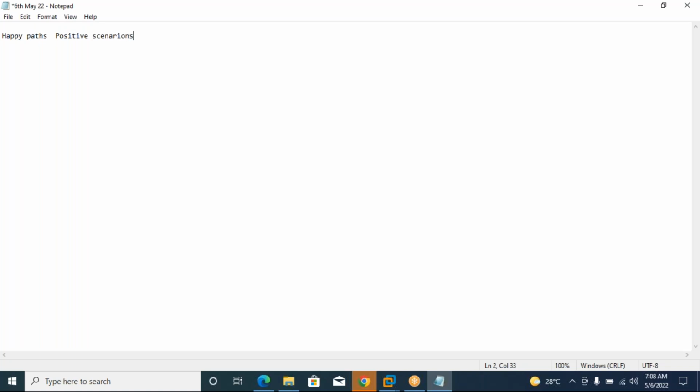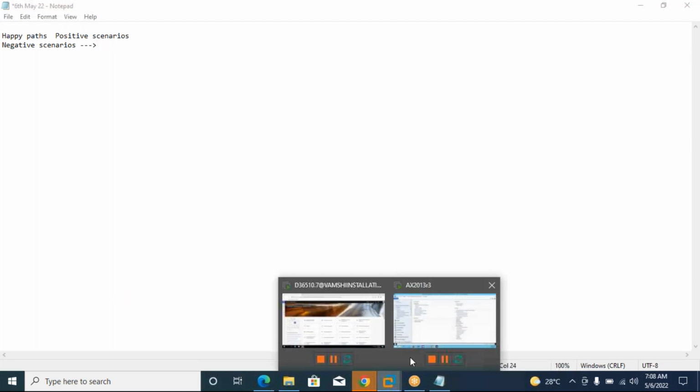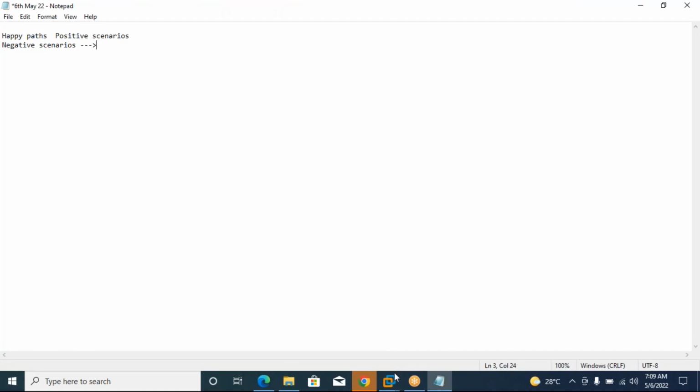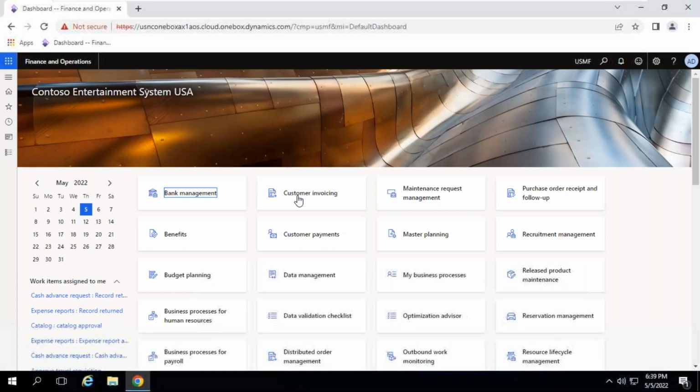Positive scenarios will be learned by everyone, but negative scenarios mean errors and problems. Just like Somsundara identified, I have not explained it yet, I will explain in the future, but he identified that the button is disabled. Why? I'm expecting that kind of curiosity from everyone.